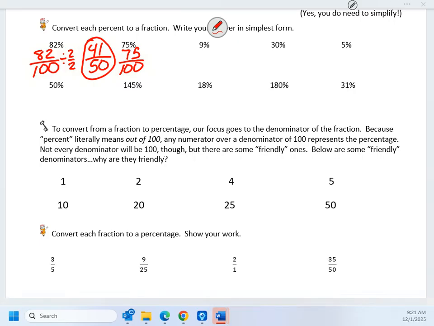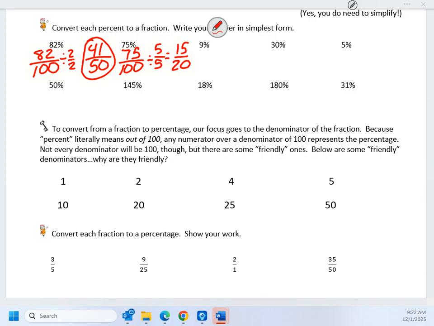What can I divide out of 75 that I can also divide out of 100? I can divide a 5 out of both because we can see it ends in a 5 and a 0. 75 divided by 5 is 15. 100 divided by 5 is 20.